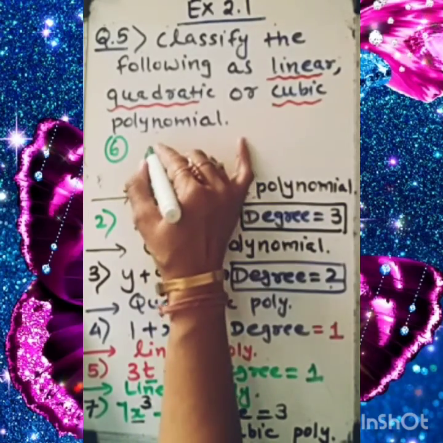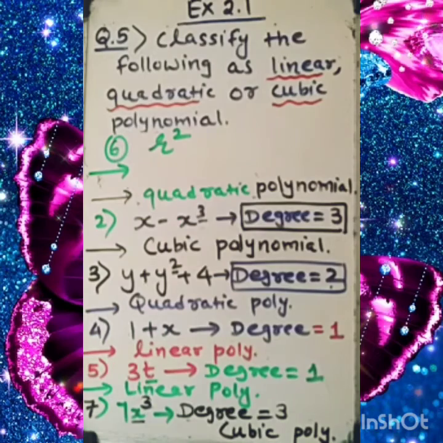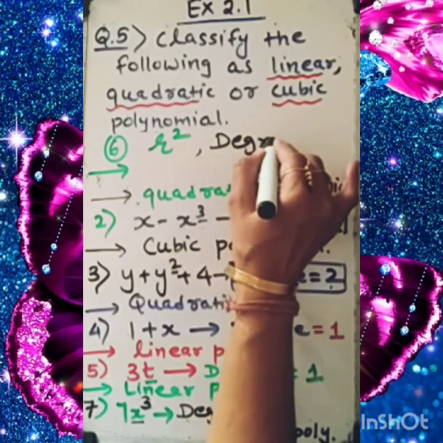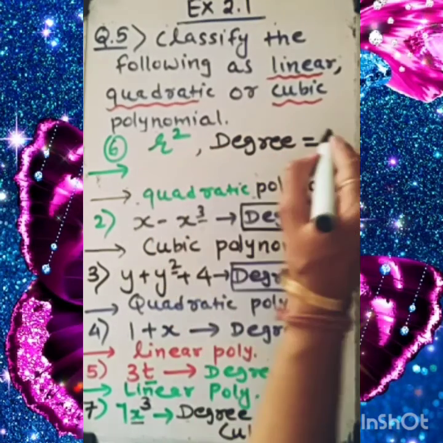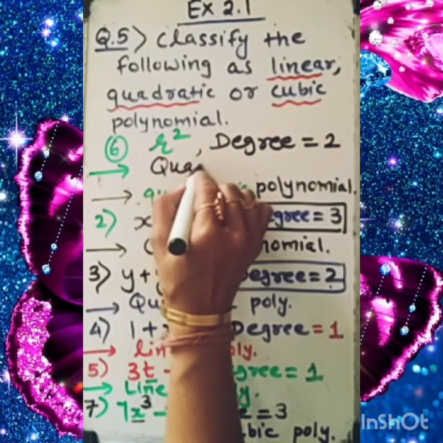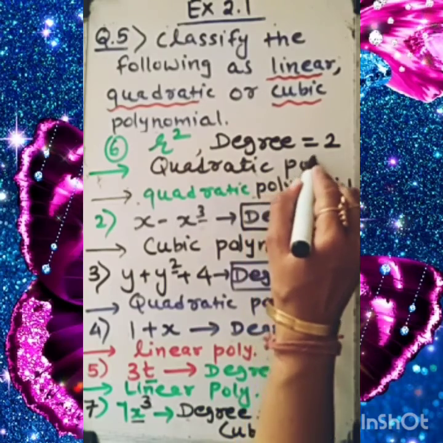So let's note down. Let's decide its degree. For r square, the variable is r and the power of r is 2. Degree 2 indicates quadratic polynomial. It is a quadratic polynomial.